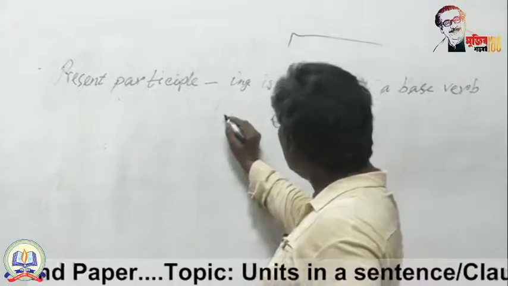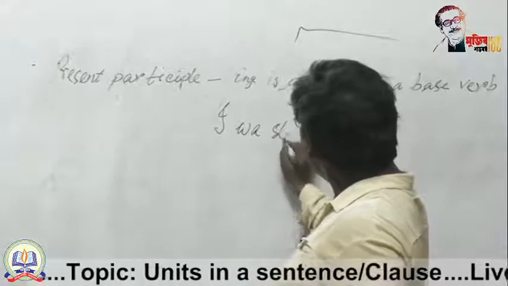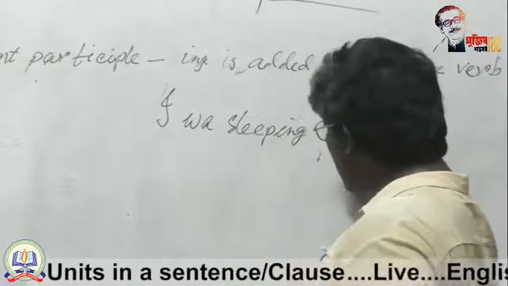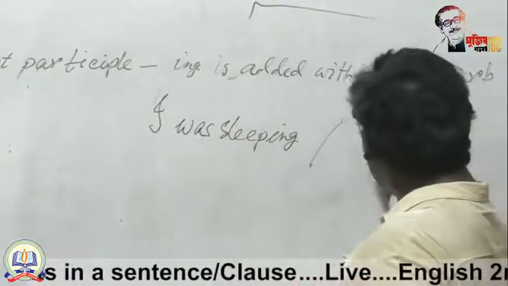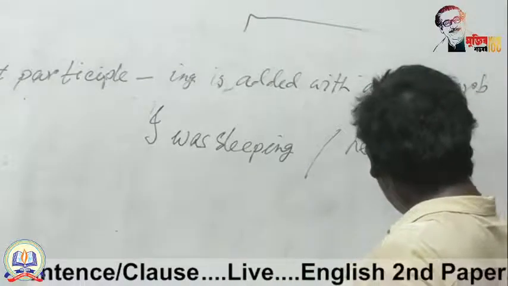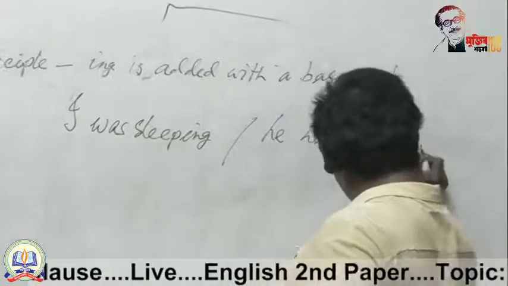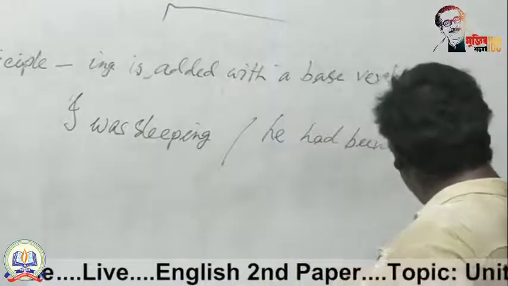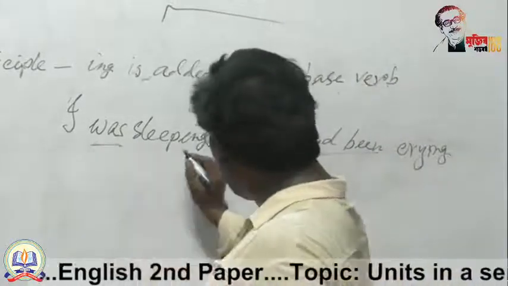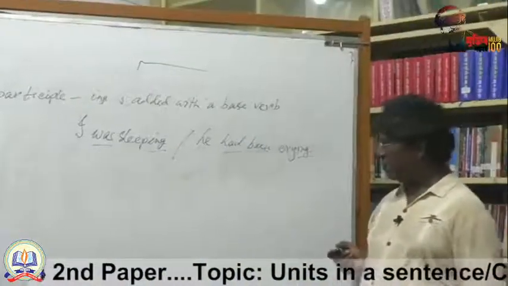For example, when I write I was sleeping or he had been crying, we have the auxiliary verbs had been or was with the verb added by ing.